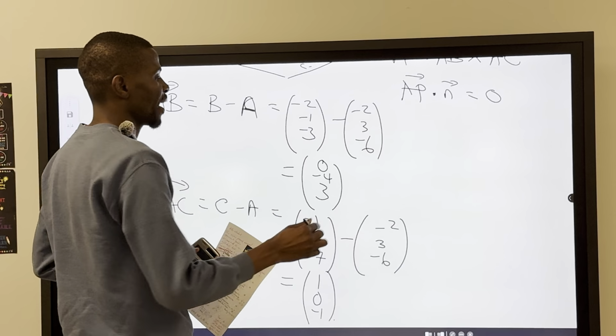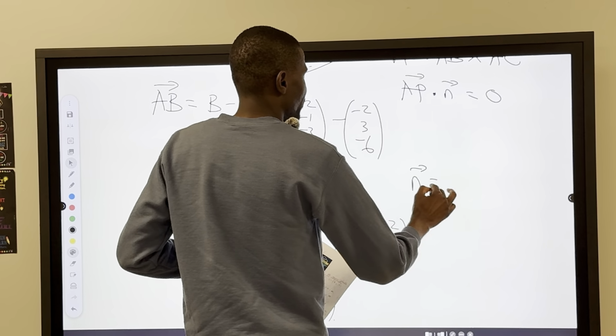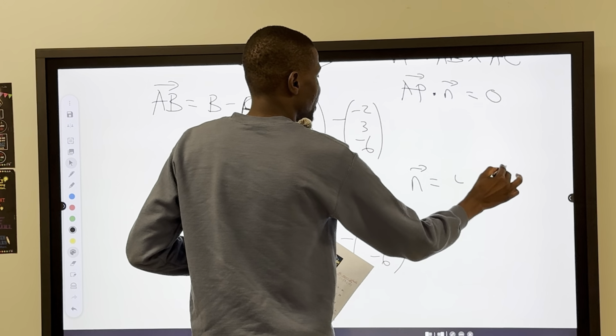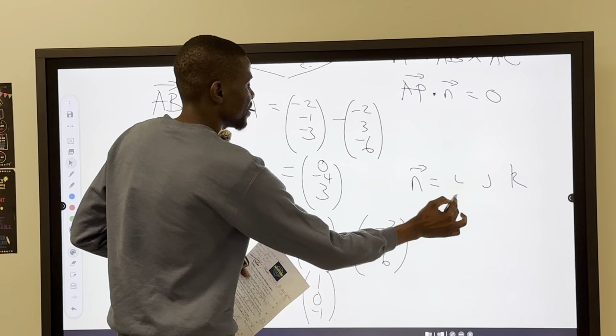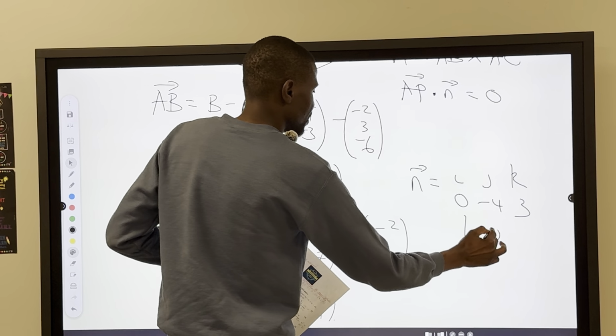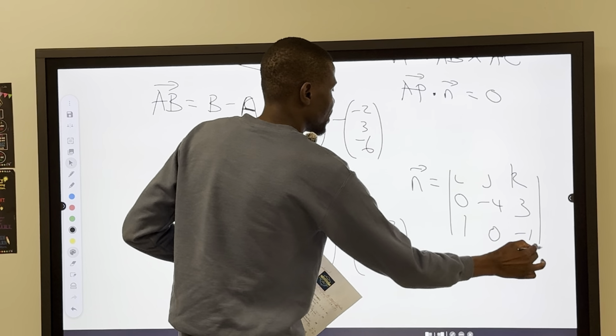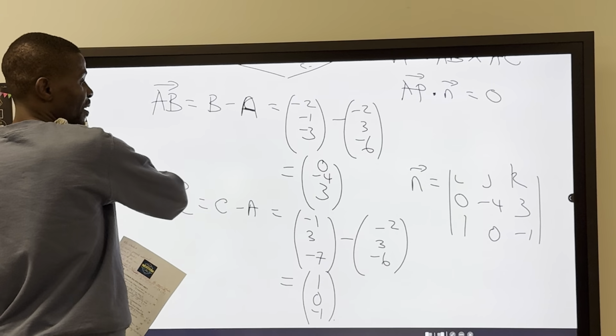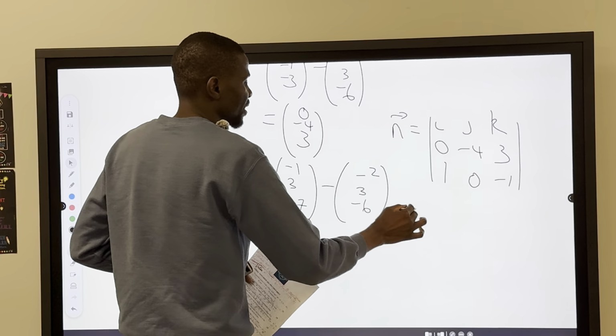So now let's go ahead and find our normal vector, using i, j, k. The first row is 0, -4, 3, and the second is 1, 0, -1. We're calculating the cross product by the determinant.